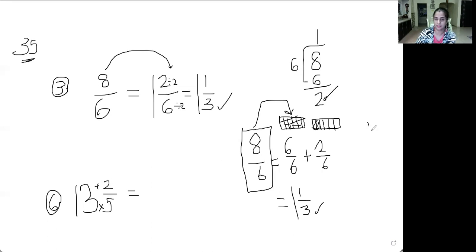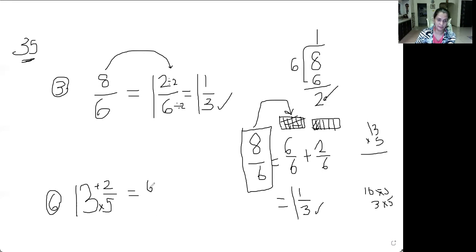So 13 times 5, you can do a standard written method to find what is 13 times 5. Or you can also do mental math, which is, you can say 10 times 5 is 50, and then you still have another 3 times 5, which is 15. So 50 and 15 makes 65.